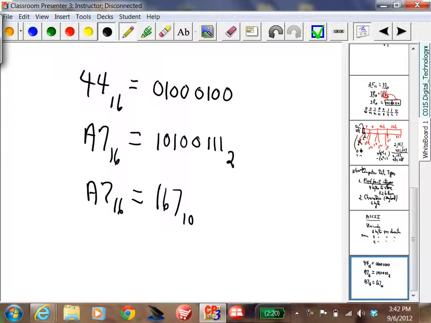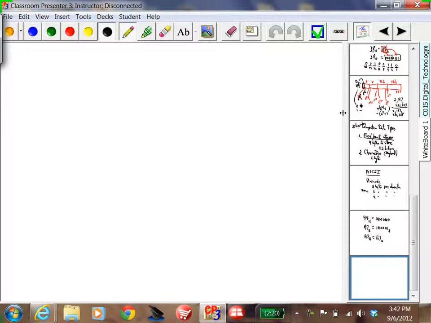Are there letters in hexadecimal? Yes. What are the characters in hexadecimal? The base of hexadecimal is 16.